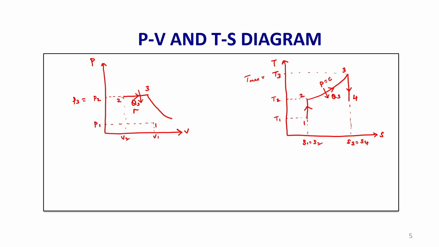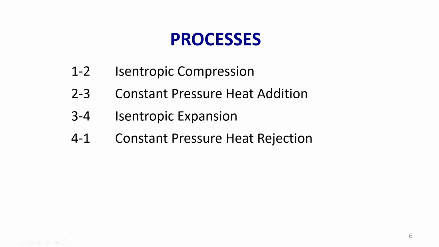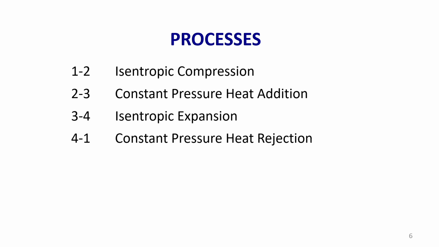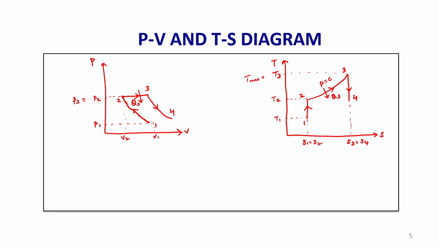So, let me redraw it. 3 to 4 is isentropic expansion of the products of combustion. The hot gases which are produced during the constant pressure heat addition process are expanded in the turbine, where the pressure and temperature of the working fluid drops. And 4 to 1 is constant pressure heat rejection.